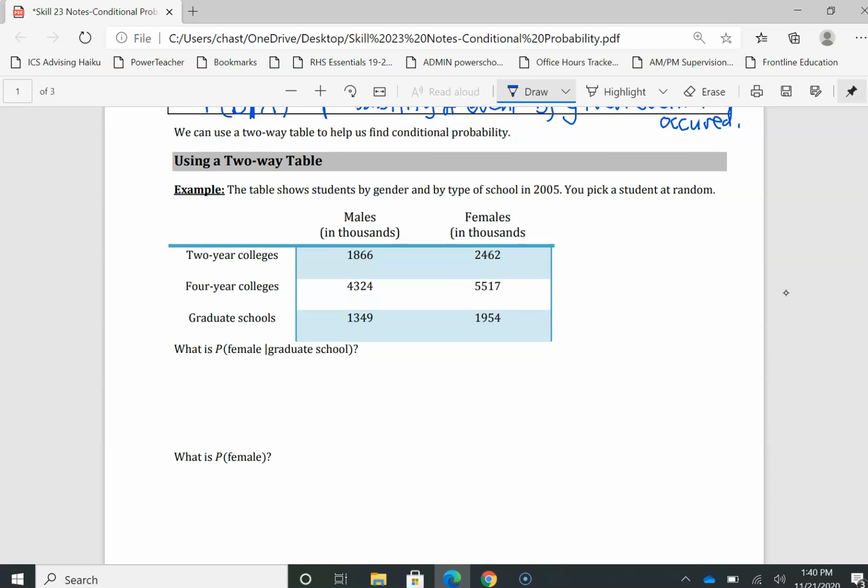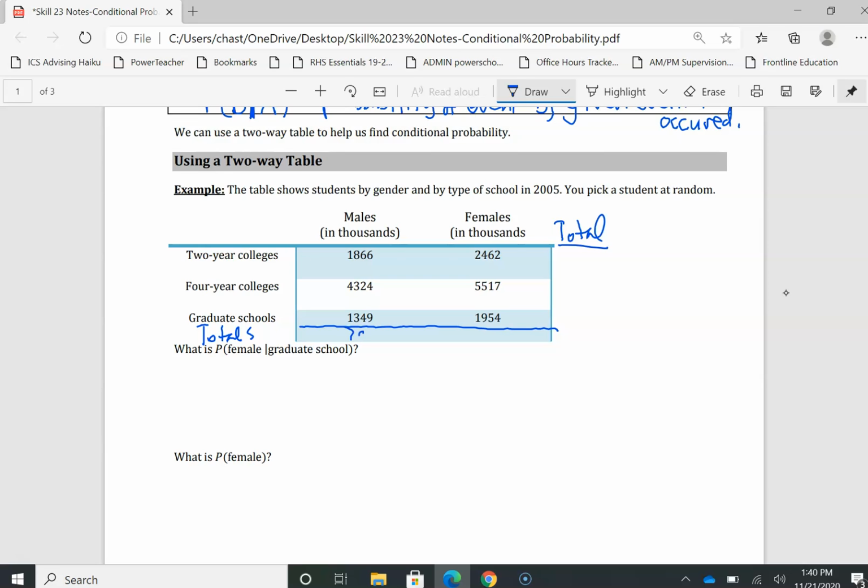What we need to do first is find the totals for each row and each column. I think this is much nicer if we have those totals on here. So I'm going to find the total males, 1866 plus 4324 plus 1349.